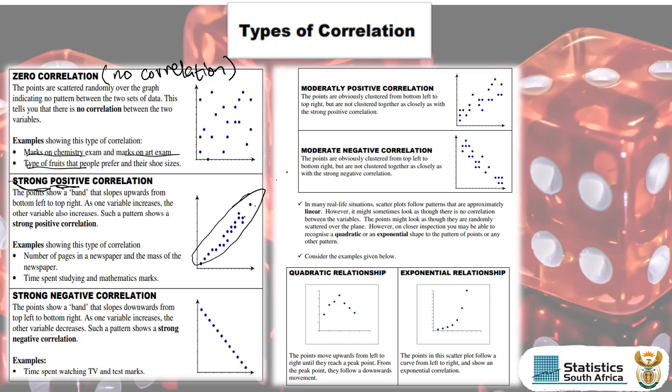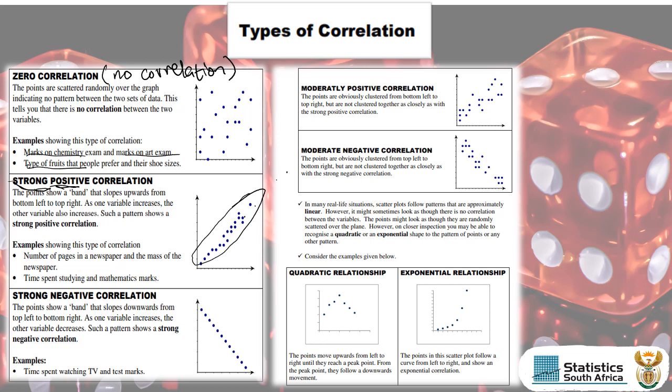An example showing this is the number of pages in a newspaper and the mass of the newspaper. We can see there's a strong relationship. If our newspaper has a greater mass, we can see there are more pages.